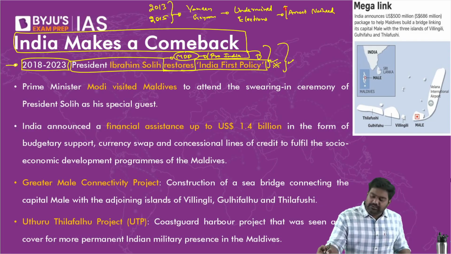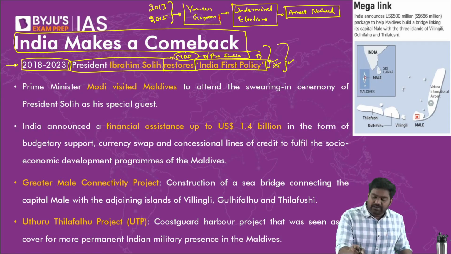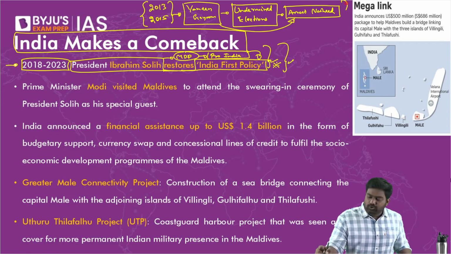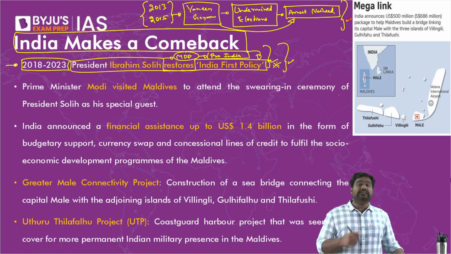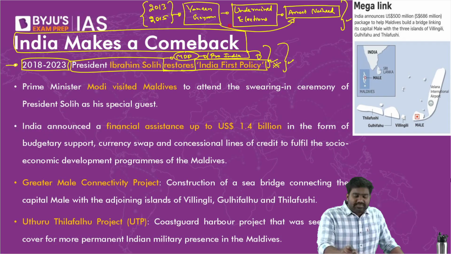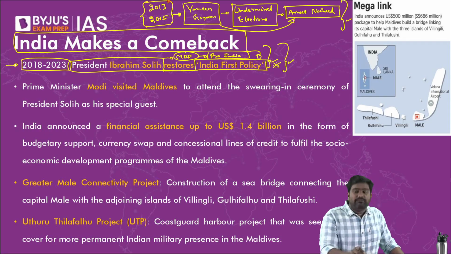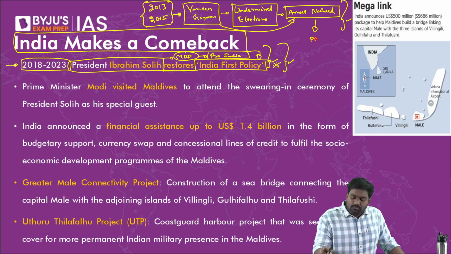Mohammad Nasheed didn't get a fair chance as he was deliberately arrested on corruption charges by Yamin Gayoom. He was disrupting the fair electoral process to ensure Nasheed doesn't contest. So when these developments happened in 2013-2015, PM Modi boycotted the visit to Maldives.